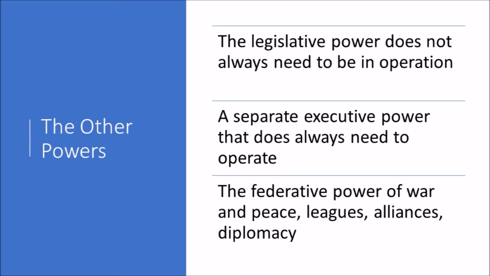Then he talks about the federative power, which he defines as the power of war and peace, leagues and alliances, and all the transactions with all persons and communities without the Commonwealth, that is, outside the Commonwealth, and may be called federative, if one pleases.